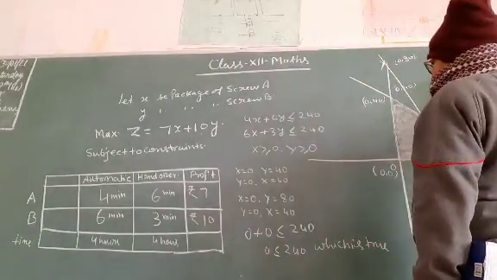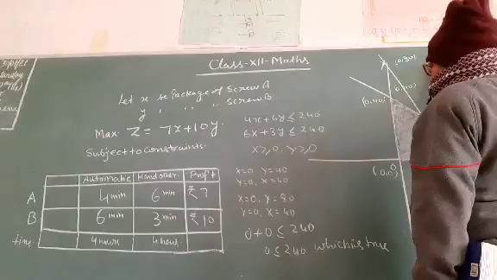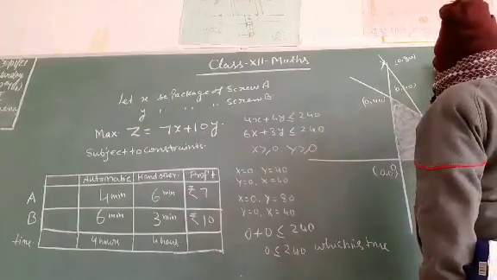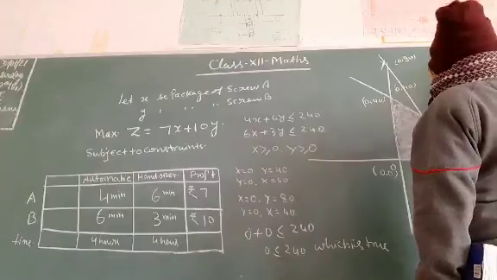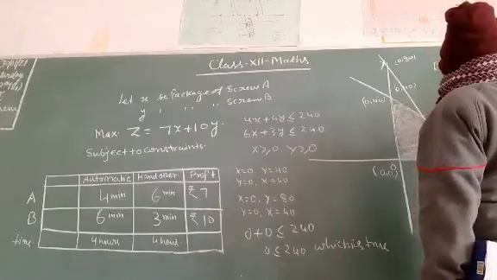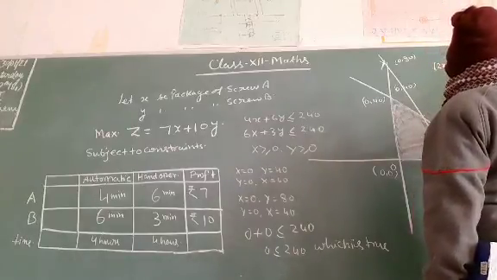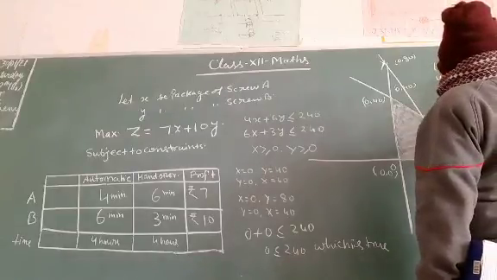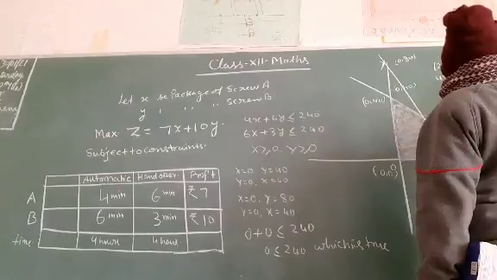Now find the point of intersection. 12x plus 6y equal to 480, and 4x plus 6y equal to 240.